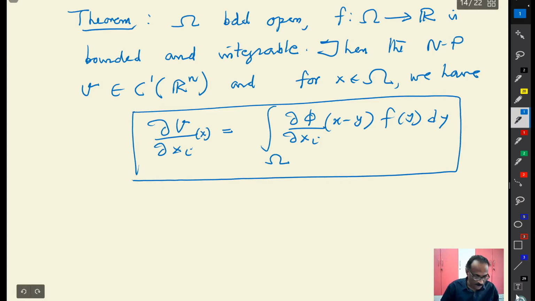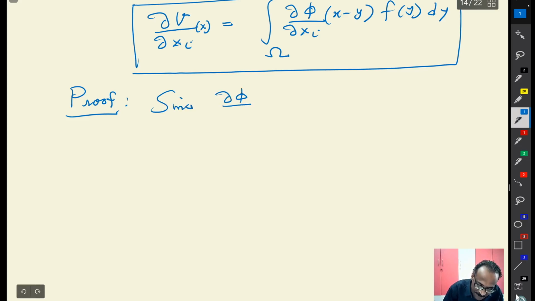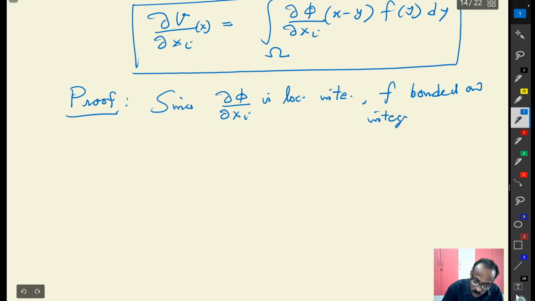So let me try to give a proof. First we have to understand that one. Proof. Since dphi by dxi is locally integrable, and here we use boundedness, f is bounded and integrable, otherwise the product of two integrable functions need not be integrable.